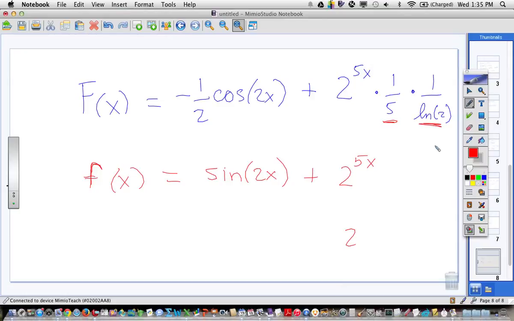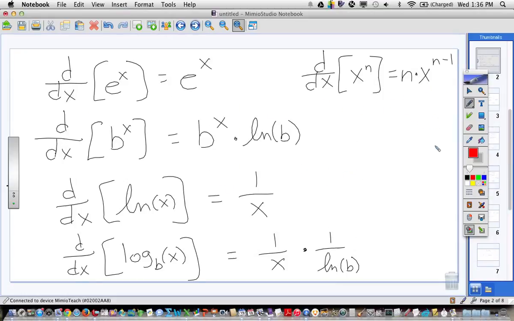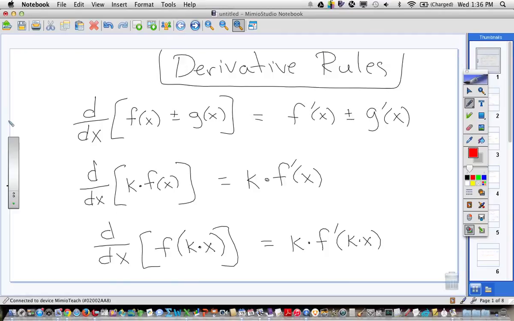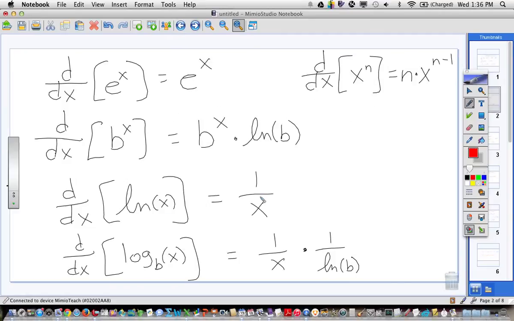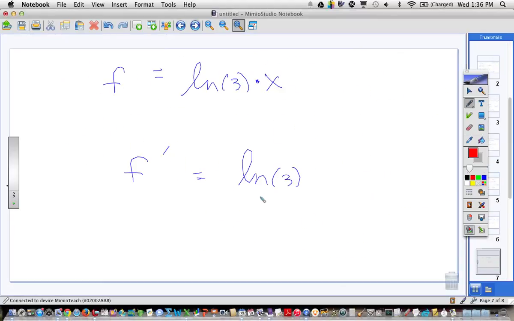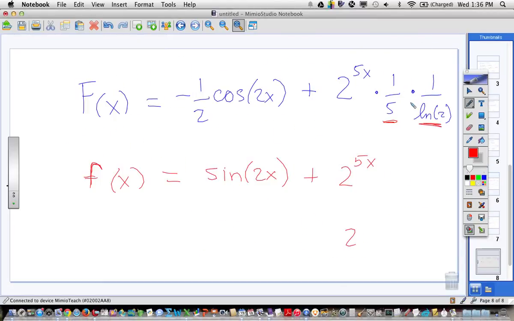Numbers multiplied on the outside, 3 times sine x, what's the 3 do? It just hangs out there, right? A number multiplied on the outside. Rule number 2, a number multiplied on the outside just hangs out there. So these numbers here, I know are just going to hang out there.